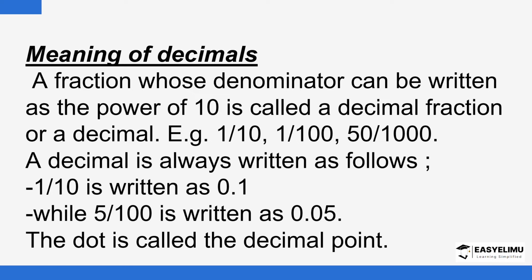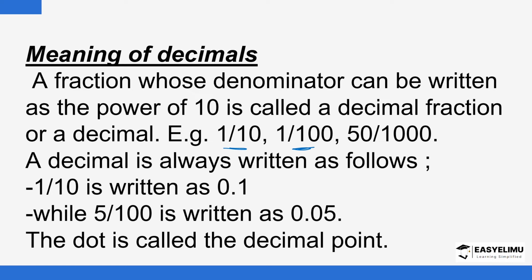So a decimal is always written as follows. If you have 1 over 10, like this one here, you can write it as 0.1. If you have 1 over 100, like this one here, you can write it as 0.01 and many others.